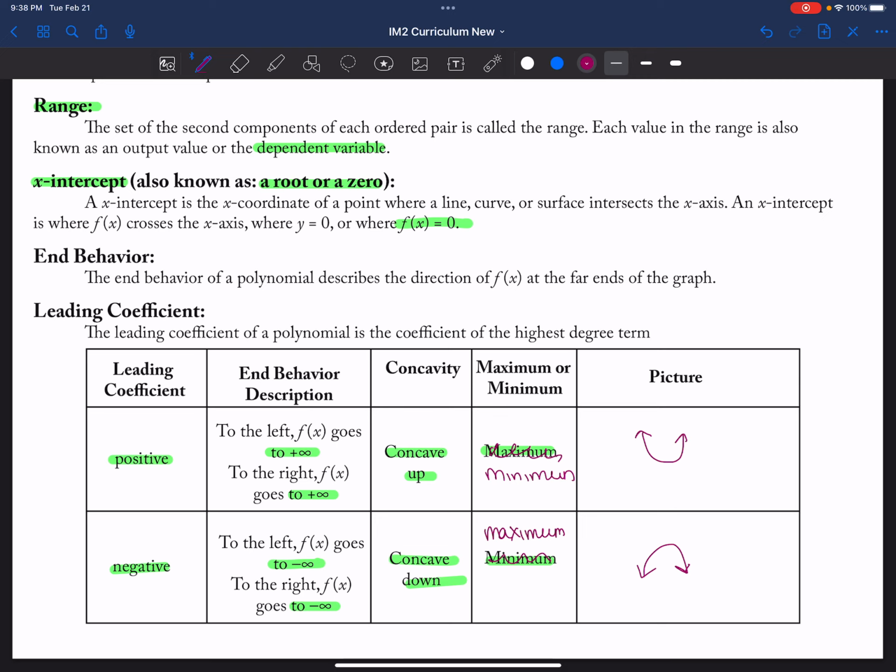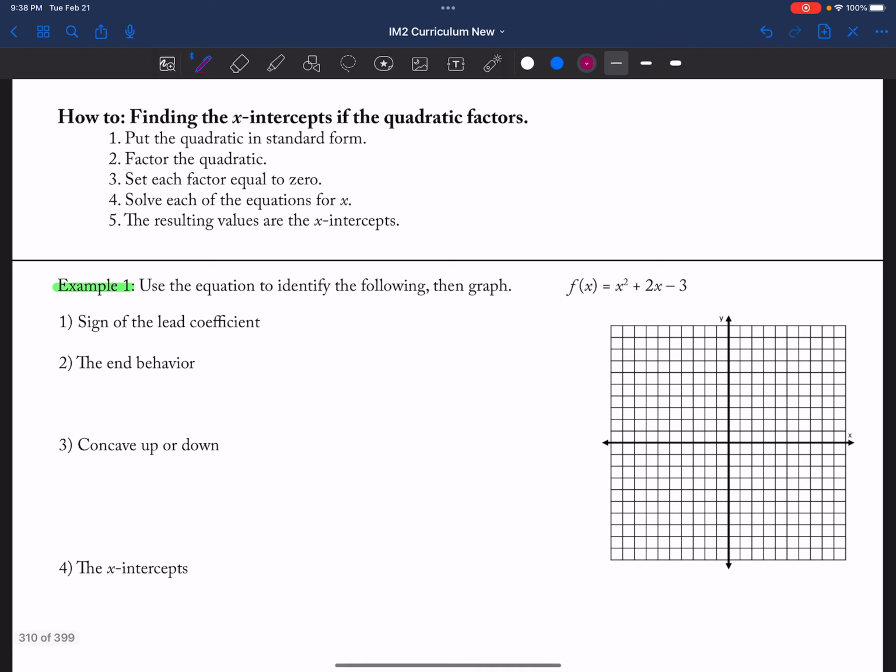So now let's look at some examples. Here I want to look at the sign of the leading coefficient. The leading coefficient is 1, so a is greater than 0. This is a positive leading coefficient.